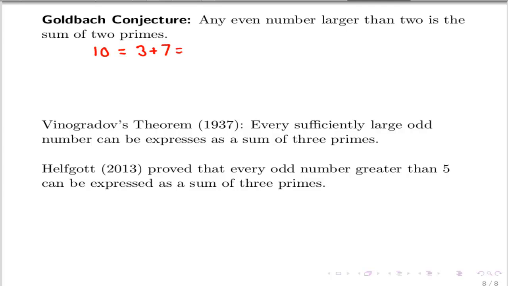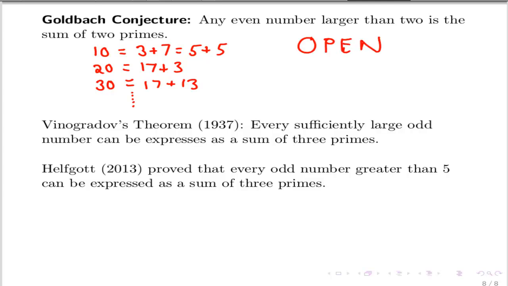It's also 5 plus 5. 20 is 17 plus 3. How about 30? 30 is 17 plus 13, etc. So the claim is any even number can be expressed as the sum of 2 primes. And this remains an open problem.